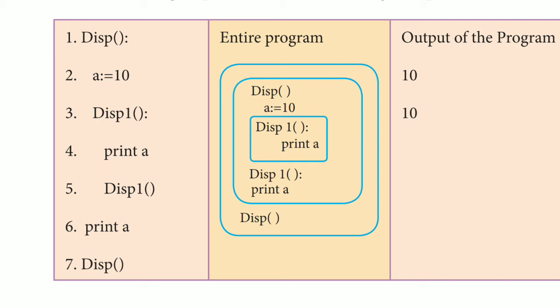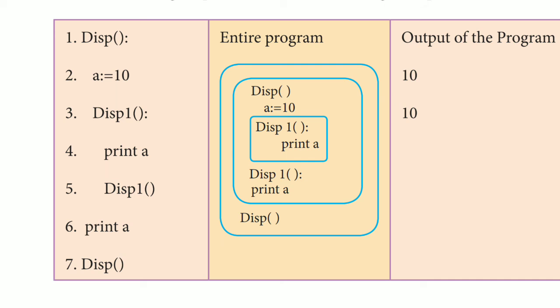Now they are calling the disp1 function, and then in the sixth statement they are coming out of the scope, so print a is accessing the a value 10 and printing it. In the seventh statement they are calling the whole disp function.